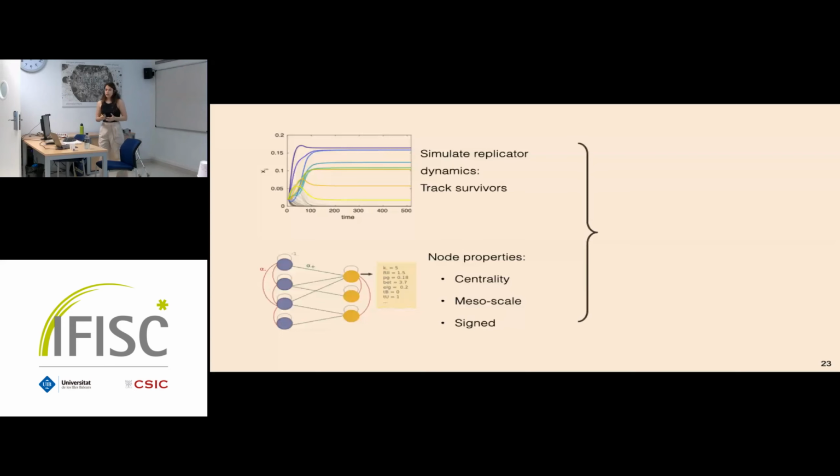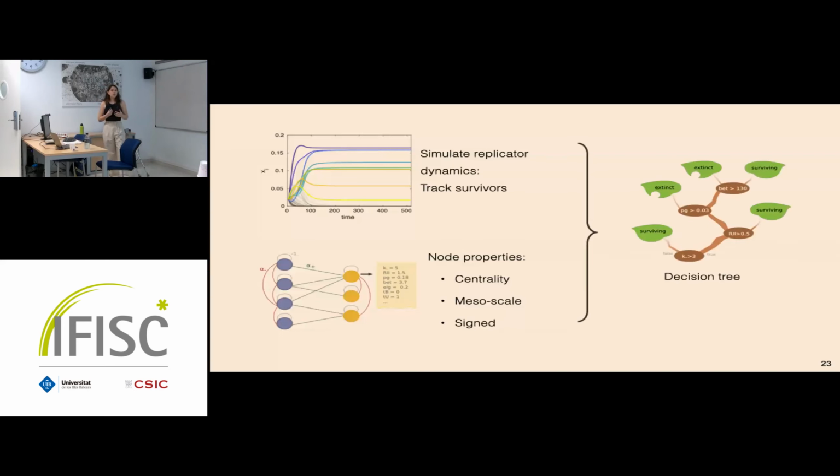And in order to do this, which is analytically intractable, we use a very well-known machine learning method, which is the decision tree. So very briefly, the decision tree is a classifier that, given a set of properties, is able to obtain some rules. For example, here, that the competitive degree is greater than 3.